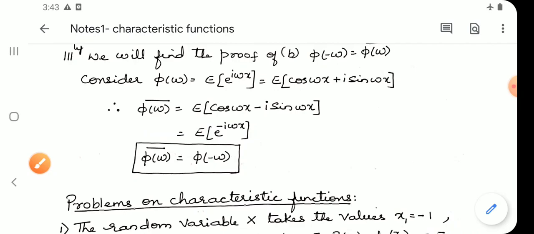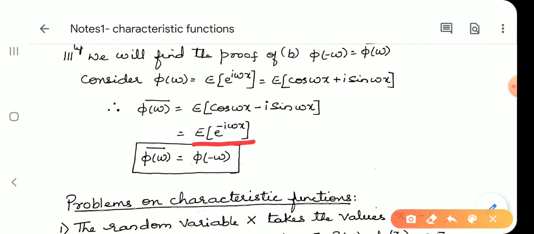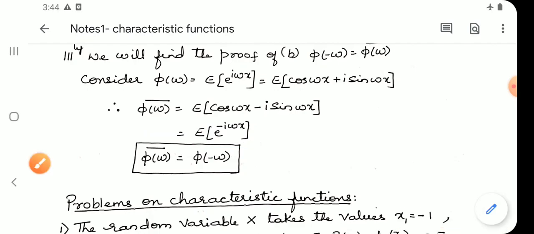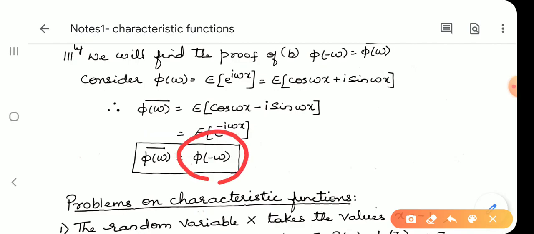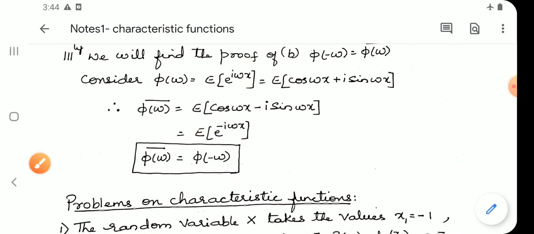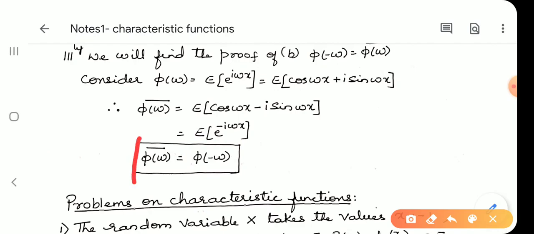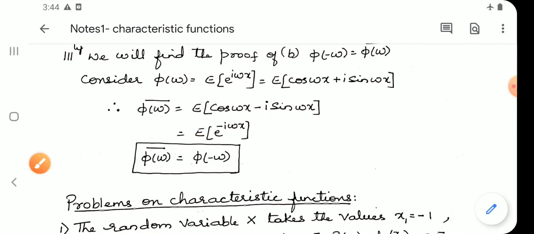Expectation of cos omega x minus I sin omega x is expectation of e power minus I omega x, which is in turn phi of minus omega. Therefore, we have proved that phi of omega bar is equal to phi of minus omega. So, these are the important things which we have to remember when we do problems in the characteristic functions.